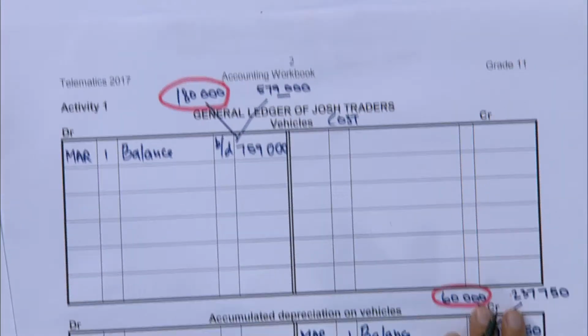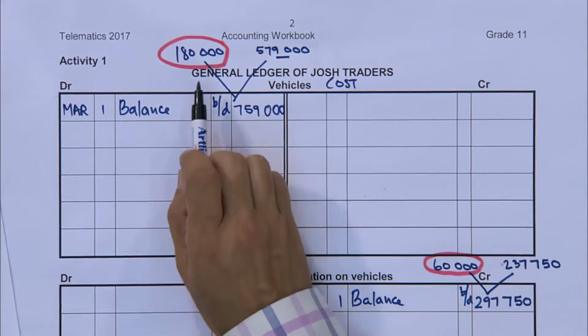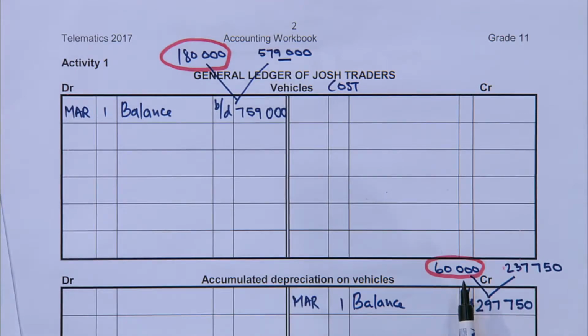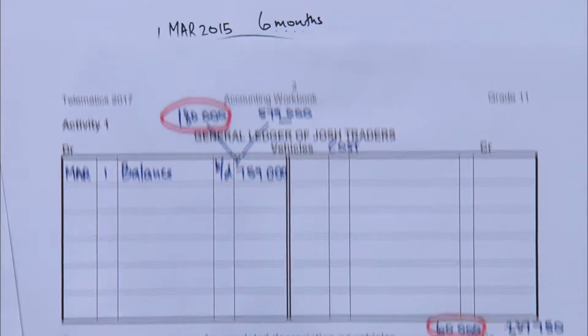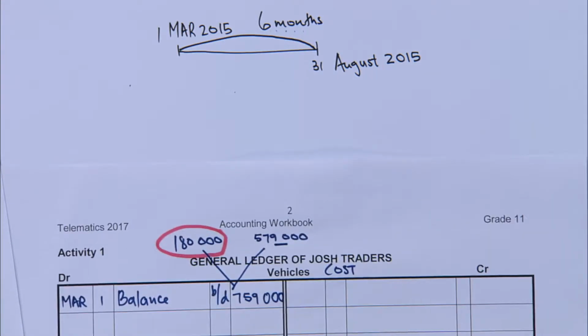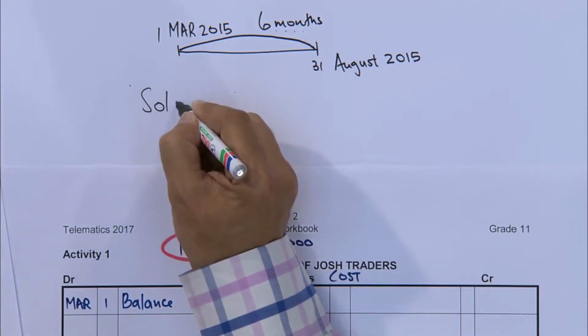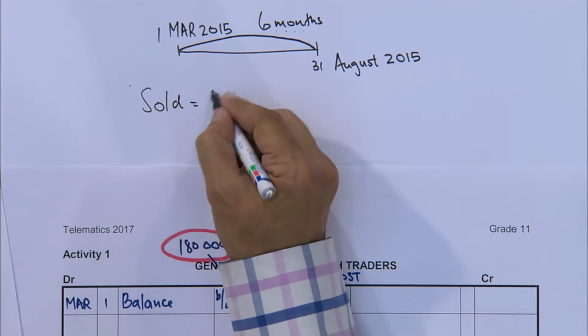Okay, so if I look at it, that's the cost price of the vehicle that I'm going to sell. That is the accumulated depreciation of the vehicle that I'm going to sell. And the method of depreciation is 20% per annum on the diminishing balance. So on the vehicle sold, this will be the one that I'm selling, so I'll have to write off 6 months depreciation.